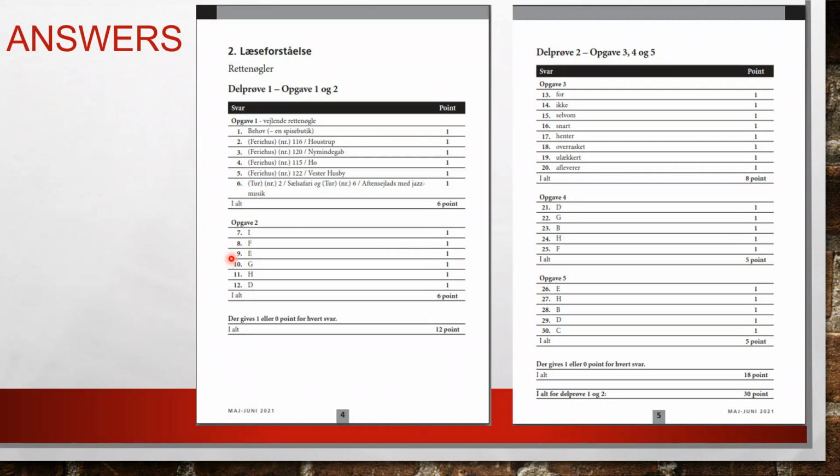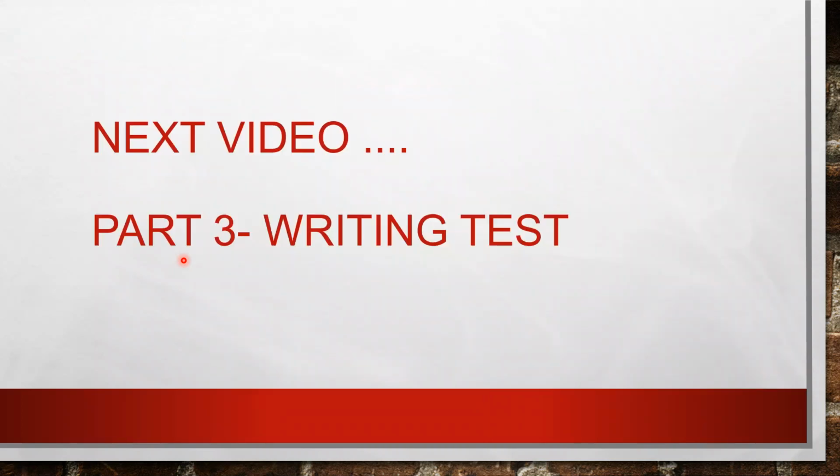Here are the answers to the questions from the question paper that I showed in this video. If you are practicing, you can refer to these answers to check whether your answers are correct or not. So this is about reading test part 2.